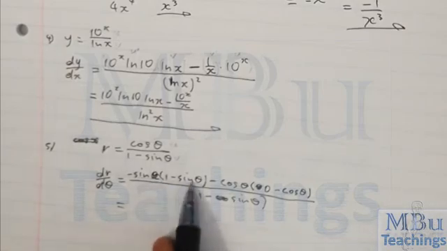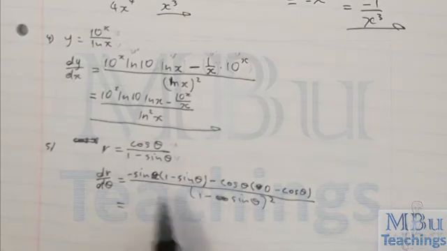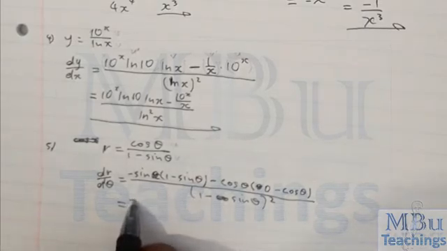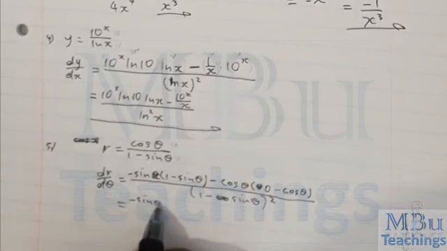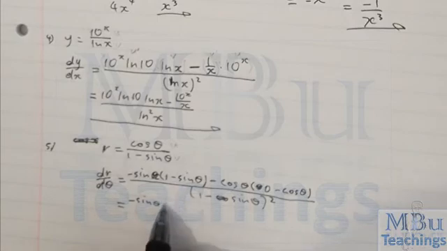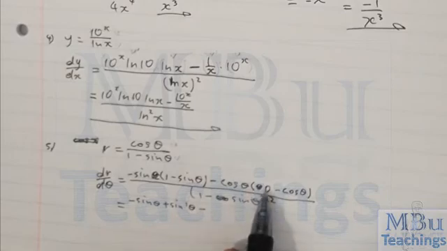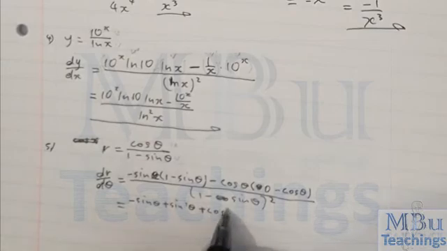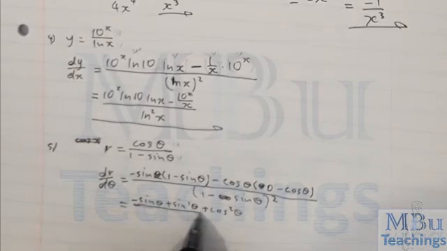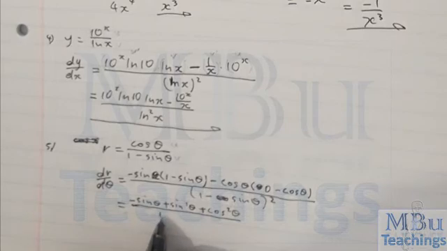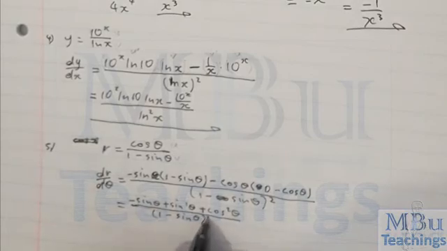I multiply out by those, so I'll have minus sine theta times 1 to be minus sine theta plus sine squared theta minus, then here it will be 0, it will be positive, cos squared theta, divided by this 1 minus sine theta all squared.